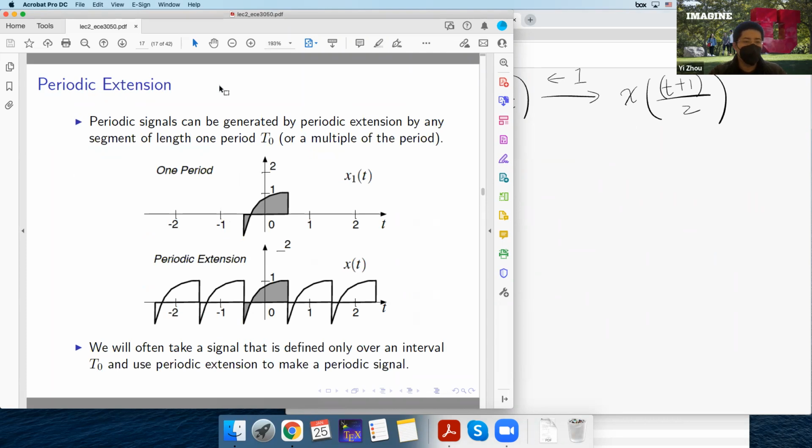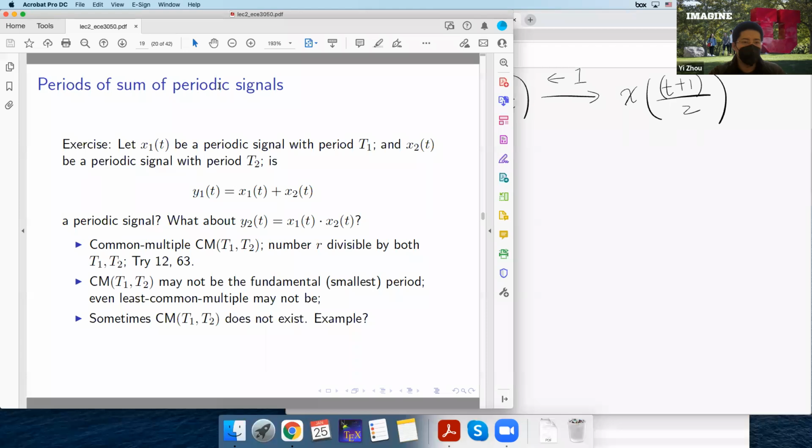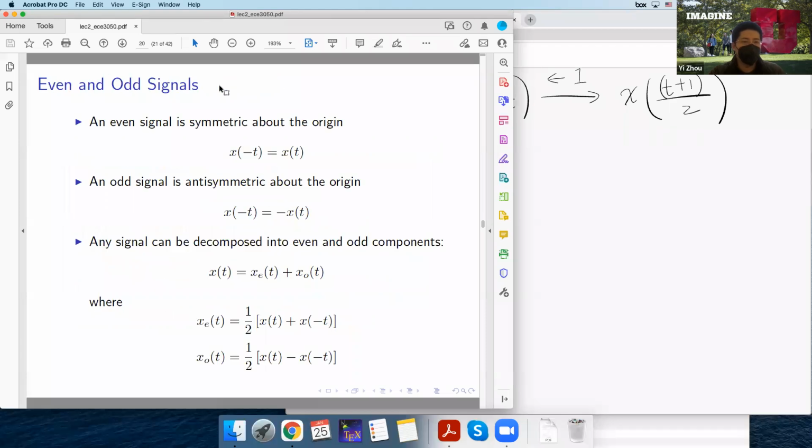And we mentioned these periodic signals. This concept should be very intuitive. And we have these even and odd signals. So by definition, every signal can be decomposed into an even part plus an odd part.